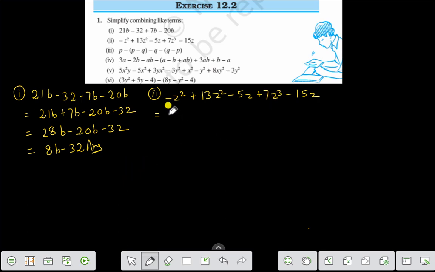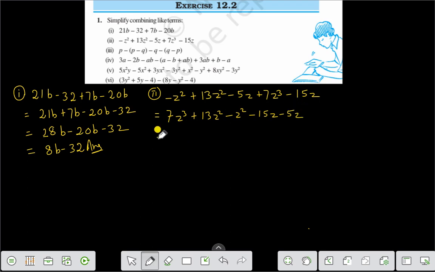Here is z cube, that is 7z cube, plus 13z square, minus z square, minus 15z, minus 5z.